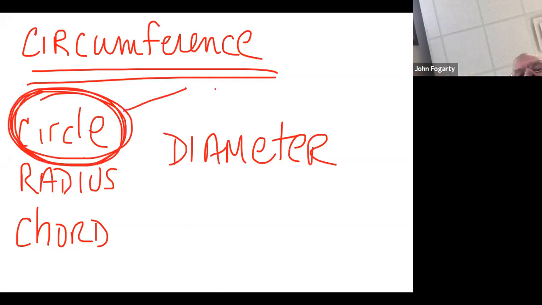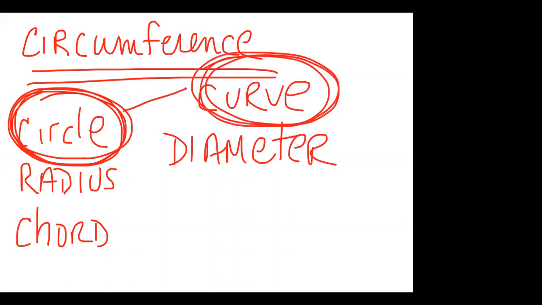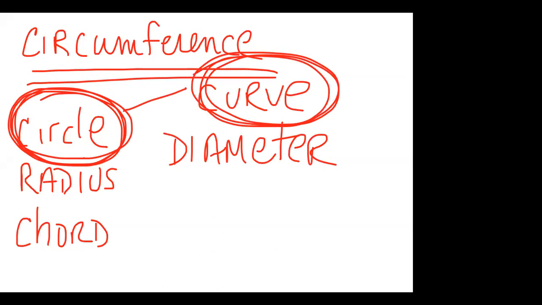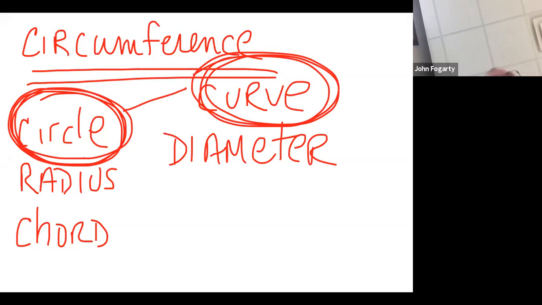Now, what's the problem when we talk about a circle and trying to take measures? What's the difference between a circle and some of the other things we've talked about? A circle is curved, right? So it gets really hard to measure or take measurements when the circle is not made up of line segments. It's made up of a curve.